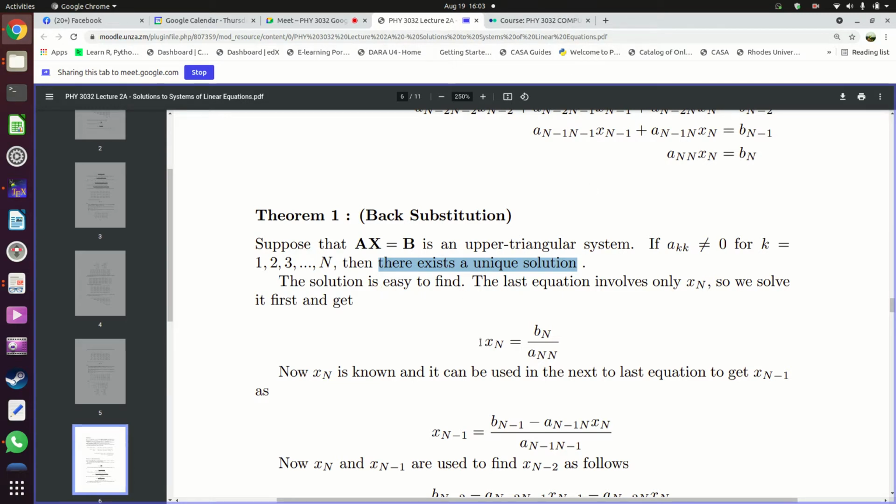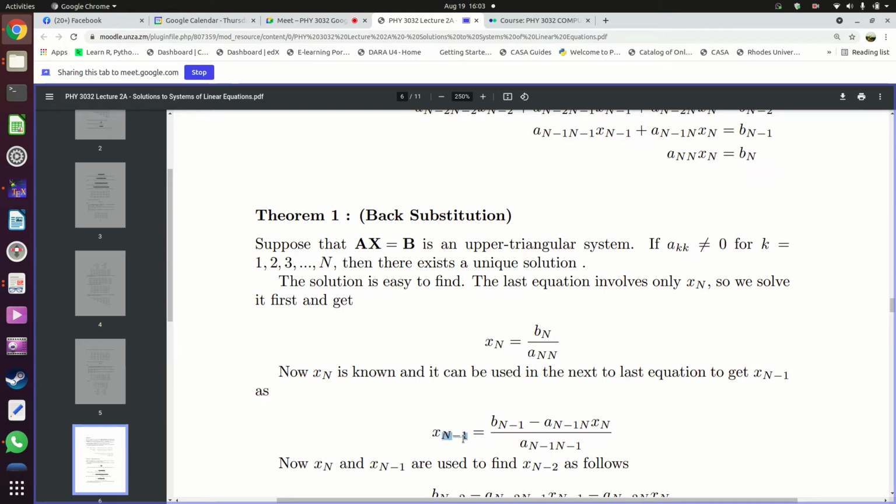If that's not the case, then the solution is easy to find. You can always start with the last equation, like I said. So you start with xn, which is going to be bn divided by ann. Right? Are we clear? Yes, sir. Now, remember what we did. Next one, x n minus 1.